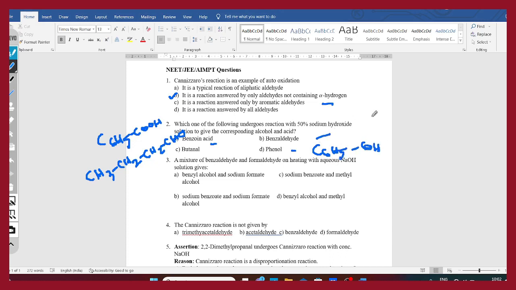This is a benzaldehyde. See here, look at benzoic acid, it does not undergo the Cannizzaro reaction. Alpha hydrogen is there, so it does not undergo this, and phenol also does not. Only benzaldehyde undergoes the Cannizzaro reaction. So the answer is B.